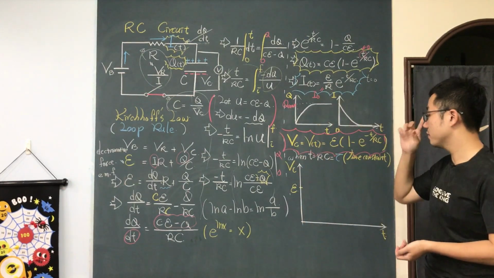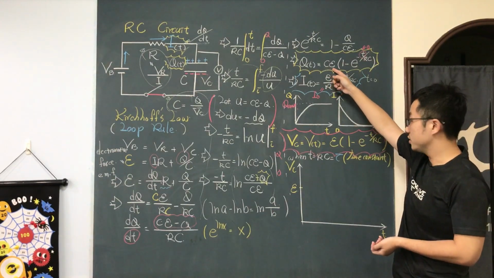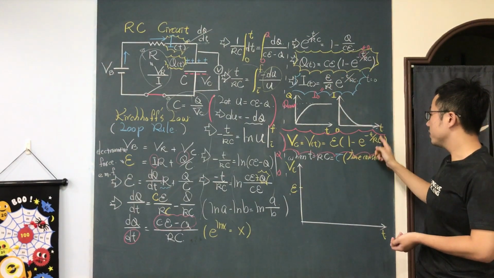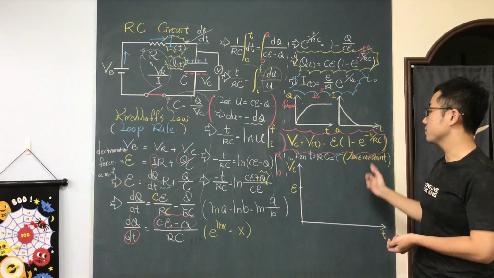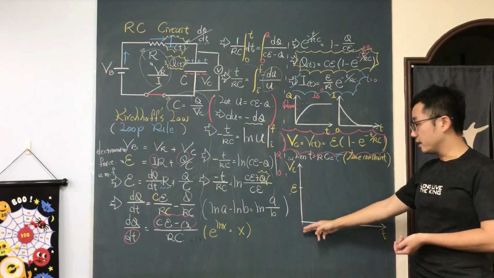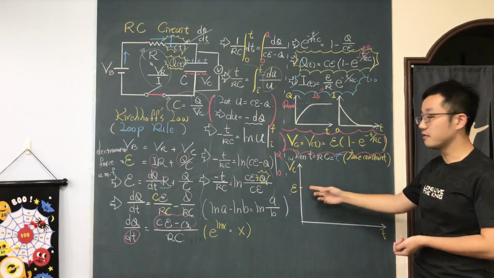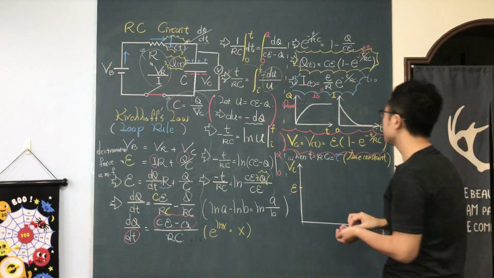Now, since the function for your voltage is quite similar to the charge, when t equals 0, this term is 1. 1 minus 1 equals 0. So your voltage is going to start from 0 and increase, taper off and asymptotically approach the value of E. It will look like this.